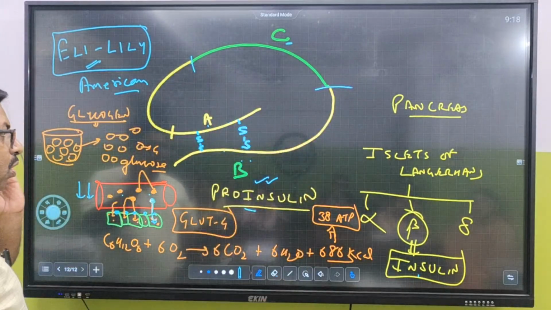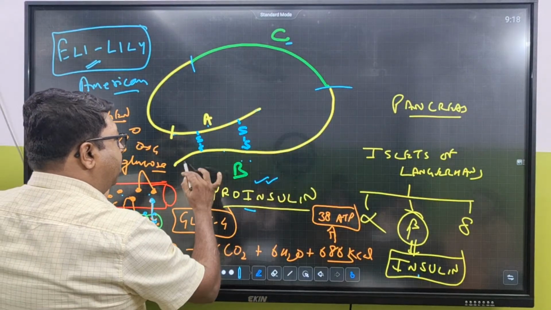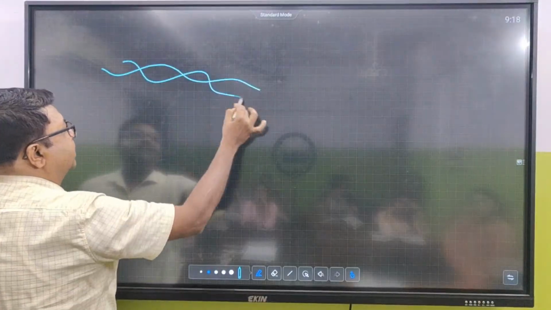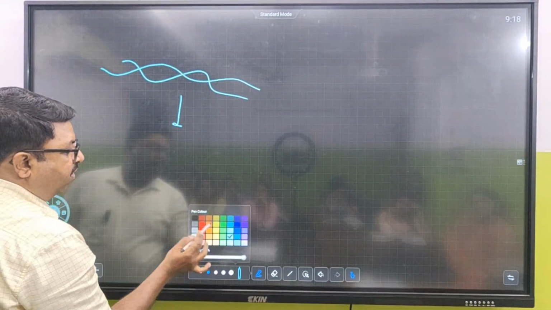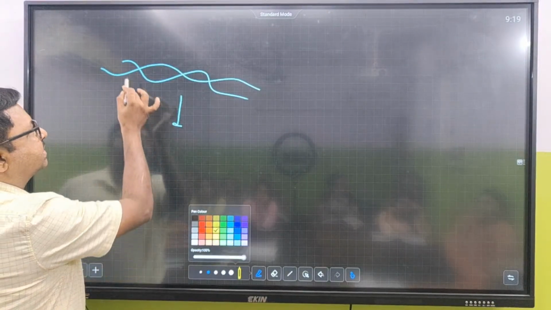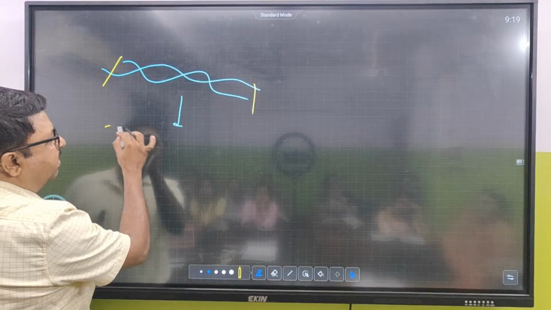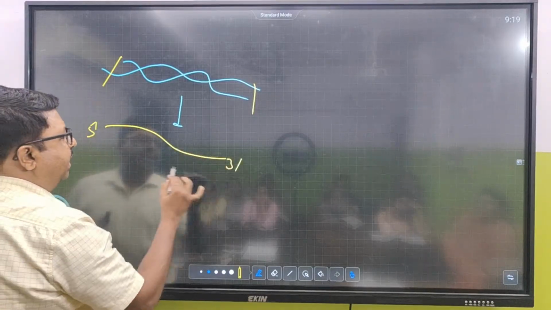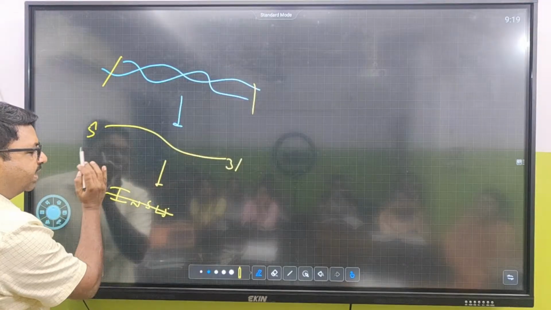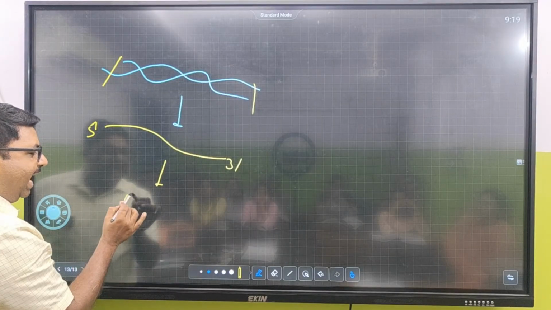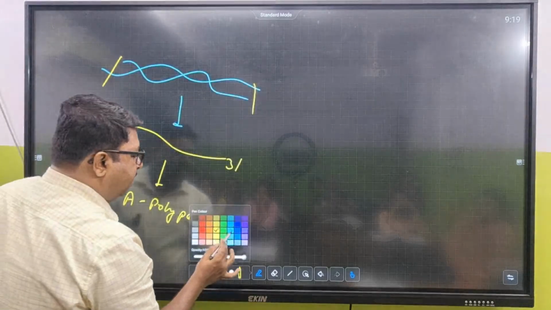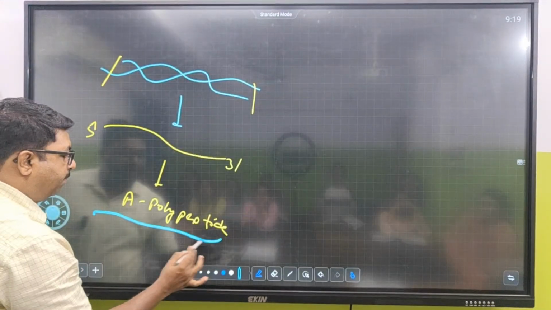The DNA of the pancreas cells can make mRNA, and can make the insulin. Which part of the insulin? The A polypeptide chain, that particular part, this is the A polypeptide gene, clear?